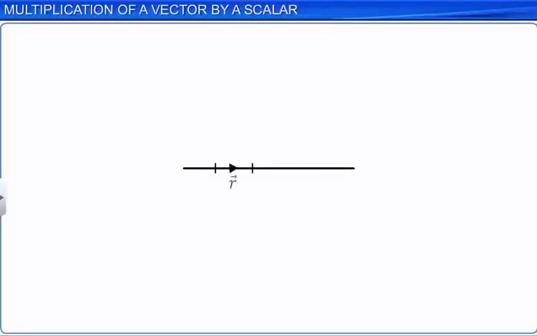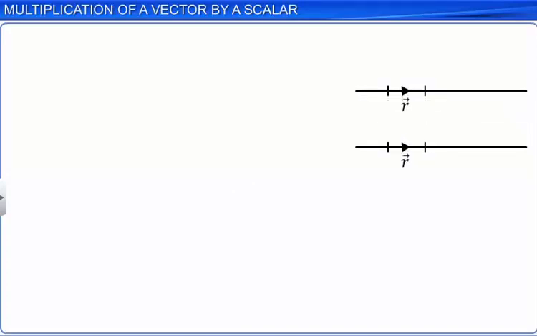Consider a vector r. If we multiply vector r by 2, we get another vector, 2r, with the same direction as vector r, but twice its magnitude.